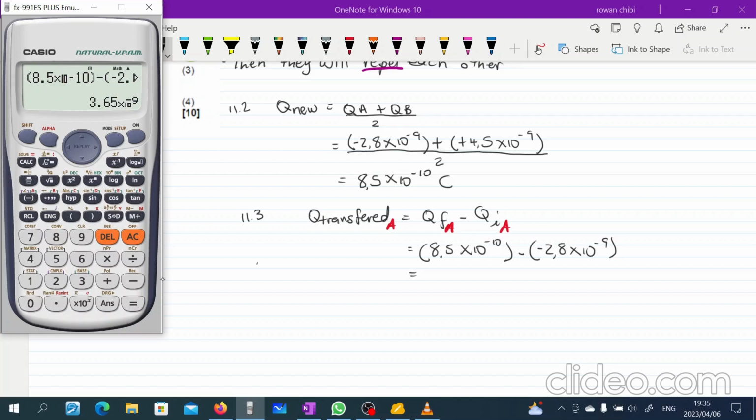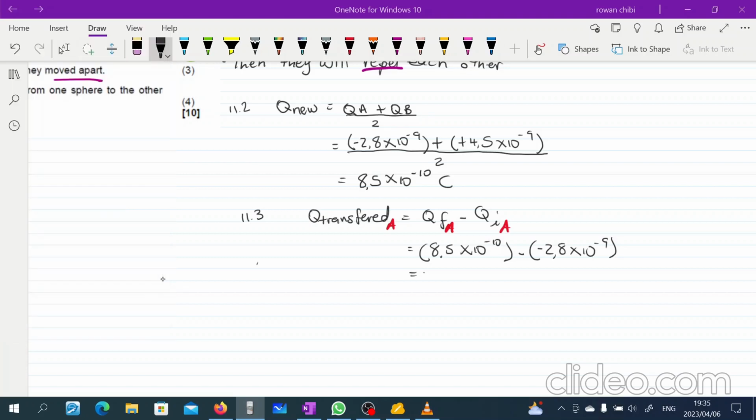The answer is 3,65 times 10 to the power negative 9 coulomb. So this is Q transferred for A.